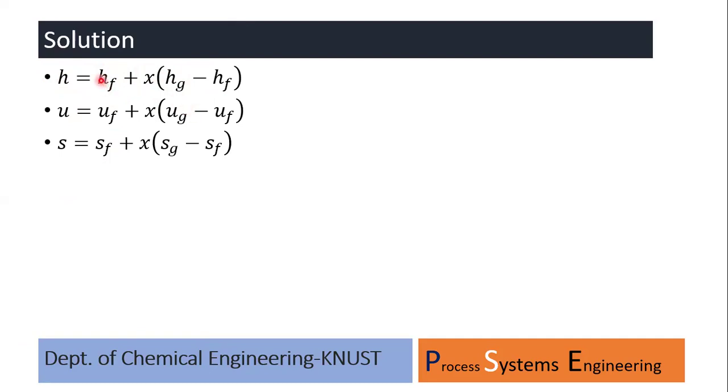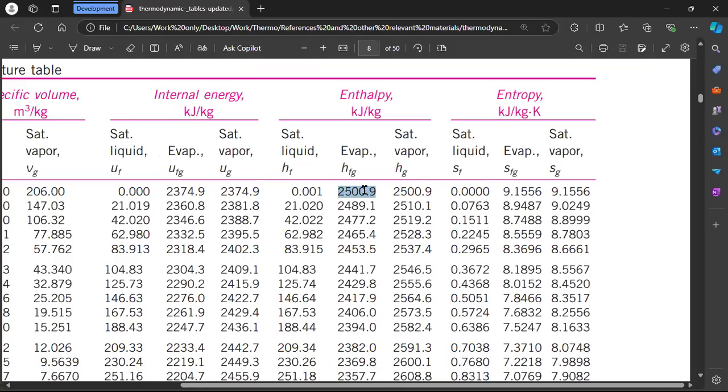These properties we can read from the steam table. So I can read my Hf and my Hg from the steam table. But Hg minus Hf is the same as Hfg. So sometimes instead of reading both the Hg and the Hf values, I can just read the Hfg value and use that instead.